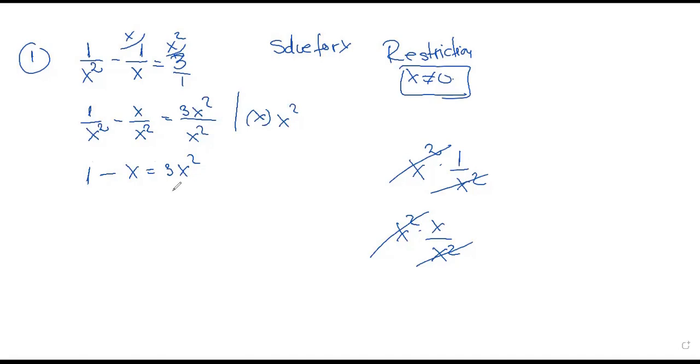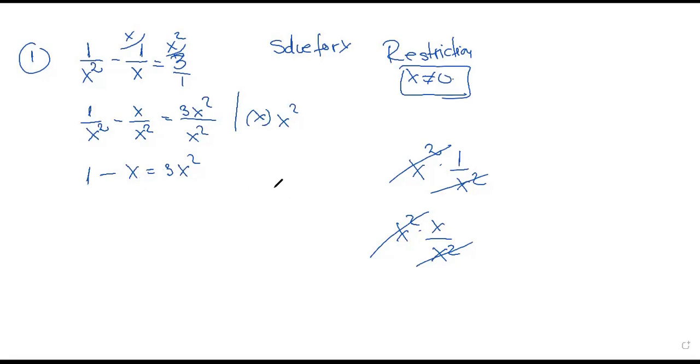Okay, so well, I can isolate x. No, you move everything to one side and you have a parabola, an equation of second degree. Oh yeah, using the quadratic formula.